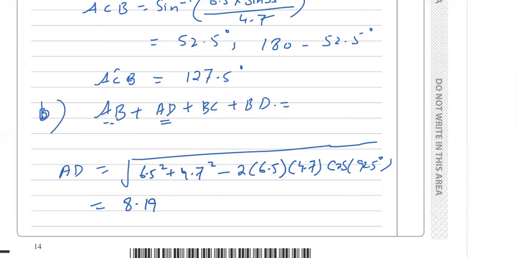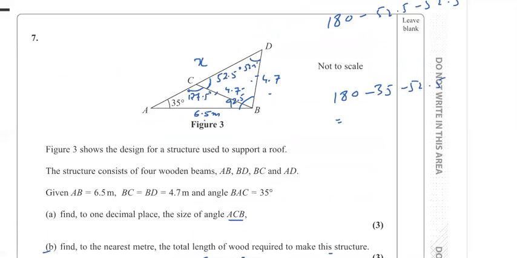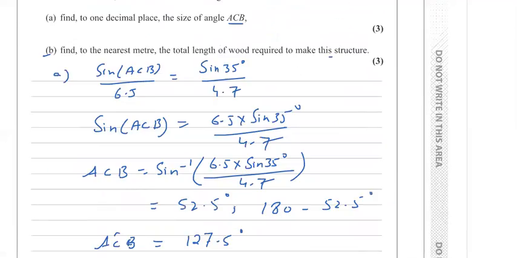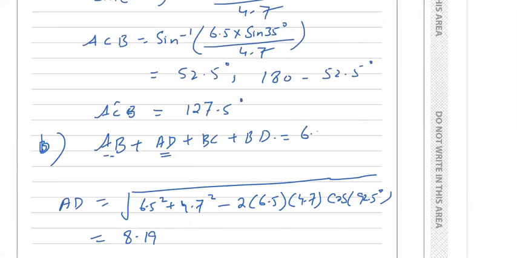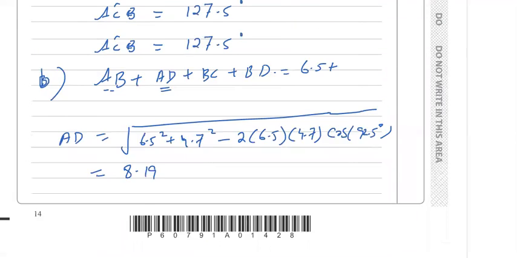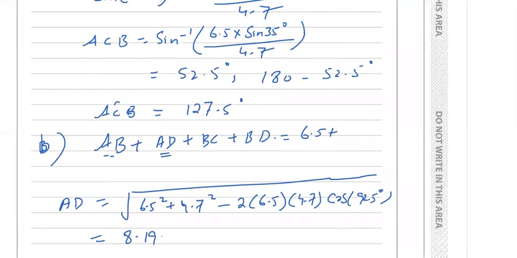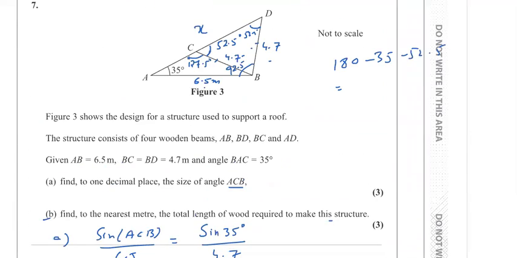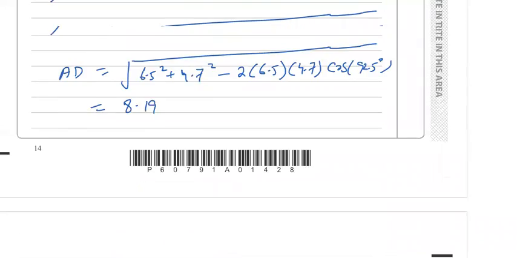So finally, AB is given in the question, which was 6.5, plus AD, which we found is 8.19. Rounding to one decimal place, it is 8.2, plus BC, which is 4.7, plus BD, 4.7.